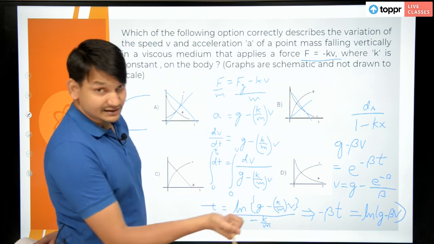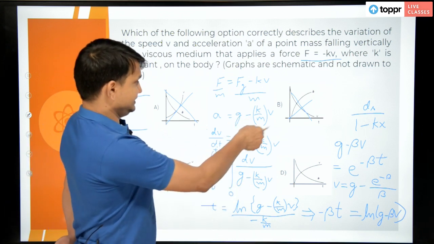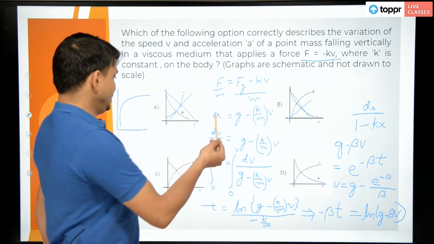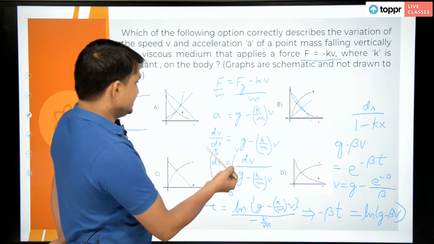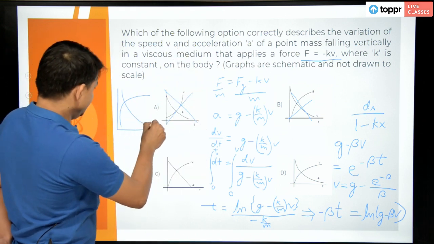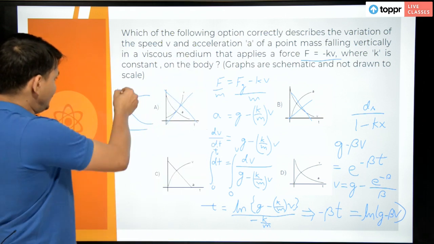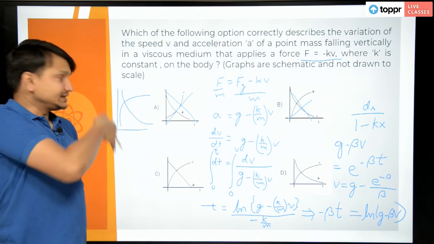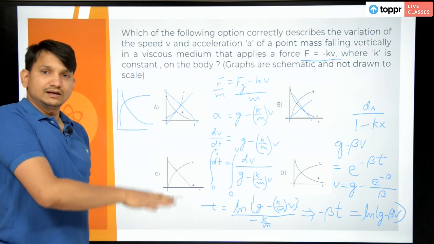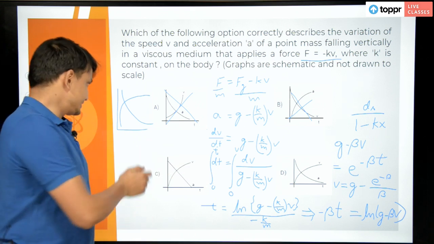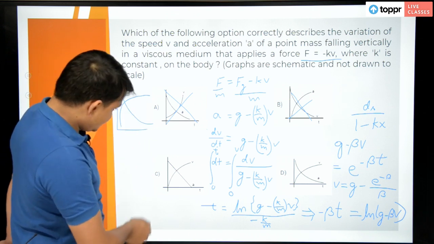So, acceleration is decreasing obviously here. Its graph should be something like this, obviously it is decreasing, but its rate of change is also decreasing. So, that is why a downward slope, while the slope is also decreasing. This is how our acceleration is.